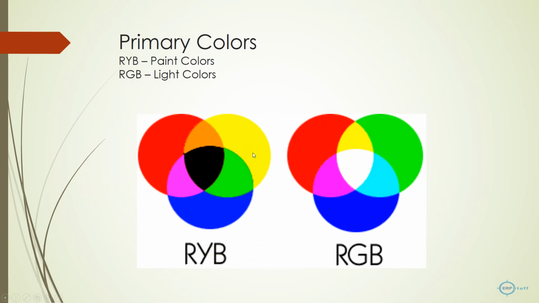So if you see here, yellow and blue mix to make green. If you are going to print, you have to consider these things. Just imagine why I'm telling you all this. If you have to print your material as well, then you have to select RYB as well, because you have to print in that.